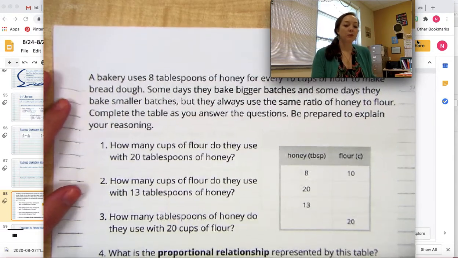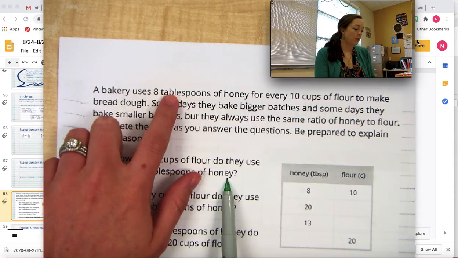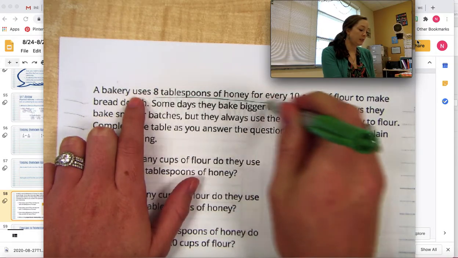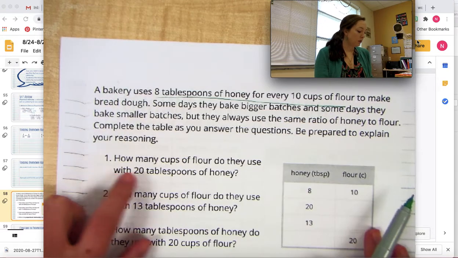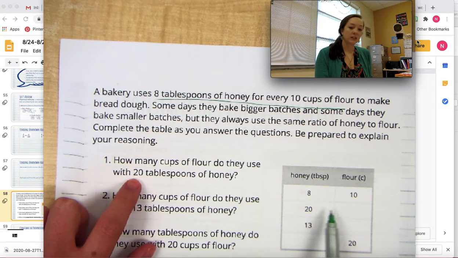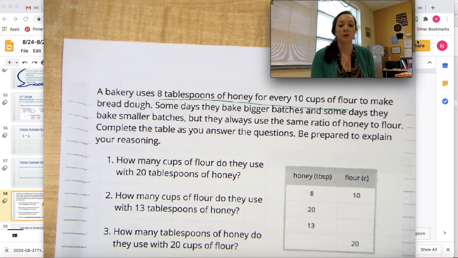So, first question is, how many cups of flour do they use with 20 tablespoons of honey? Well, they already wrote this ratio, 8 tablespoons for every 10 cups of flour. So let's figure out, using that same ratio, how many cups of flour they need for 20 tablespoons of honey.